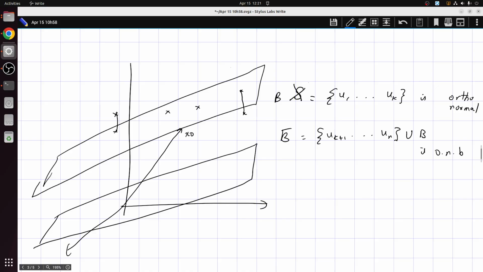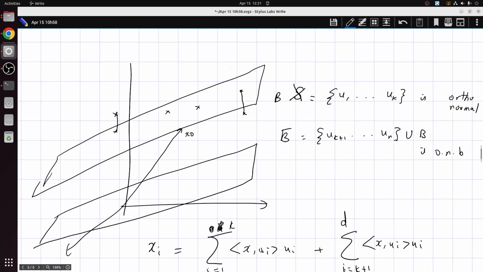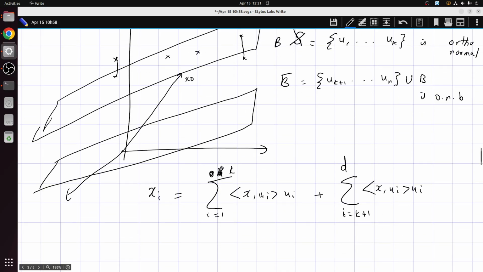Now, for a given vector, let's say xi, the ith point, I know that in terms of this basis b bar, I can represent it as the sum of x ui for i going from 1 to k, and here i going from k plus 1 to d, x ui. This is if I am representing it in terms of the modified basis. But now I want to look at points that lie in this affine space.